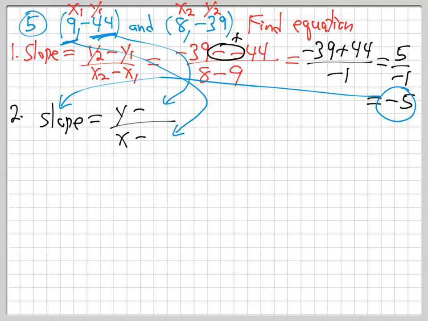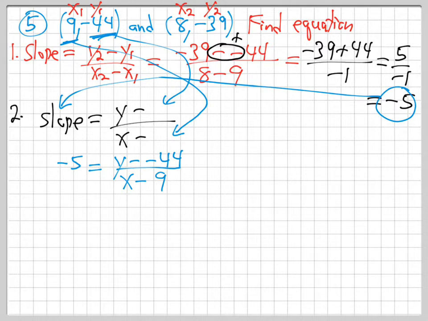So we get minus 5 equals y minus 44 over x minus 9. Remember all that? We'll do that a couple more times.